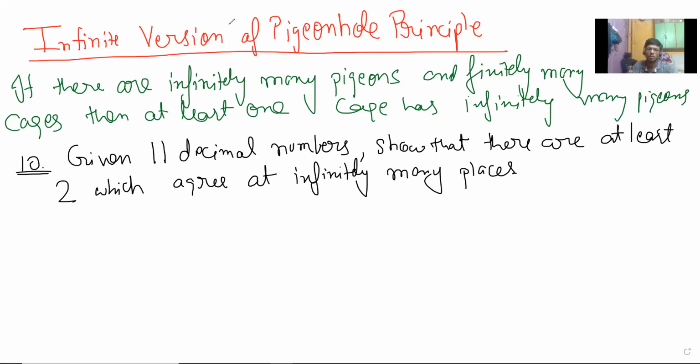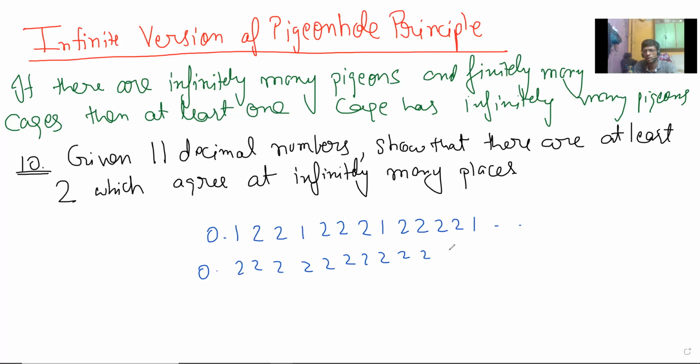Just once again, what do I mean by agree at infinitely many places? There will be things like this: 1, 2, 2, 1, 2, 2, 2, 1, 2, 2, 2, 2, 1, like this kind of number. And then maybe there will be a number like this. You have to show that there are numbers like this.